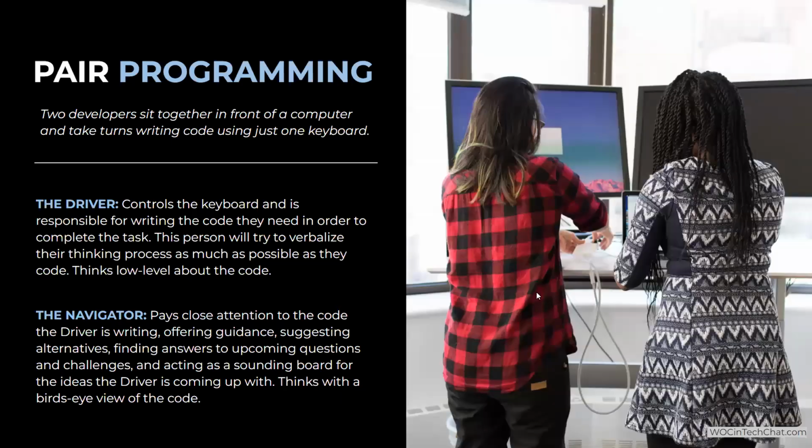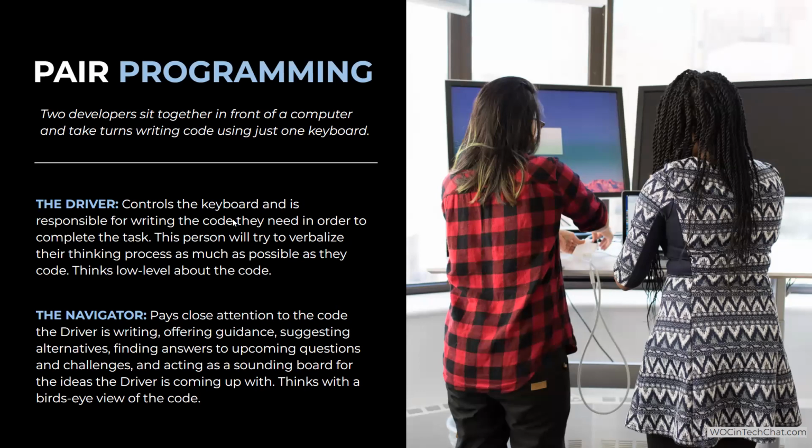Okay, so talking about what pair programming actually is, it's when two developers work on a particular task by sitting together in front of a computer and take turns writing code. It's a very old software development technique where two people work on a single problem sitting together in front of a computer, writing code using just one keyboard.